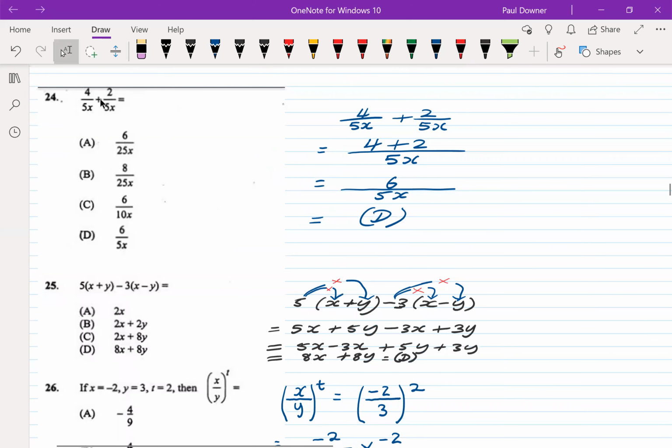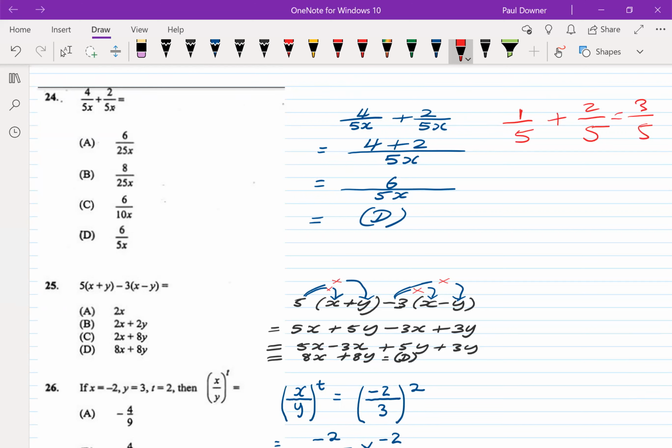Next one: 4 over 5x plus 2 over 5x. Now, what you need to know, I'm going to write something here for you. If I put 1 over 5 plus 2 over 5, the answer is 3 over 5.